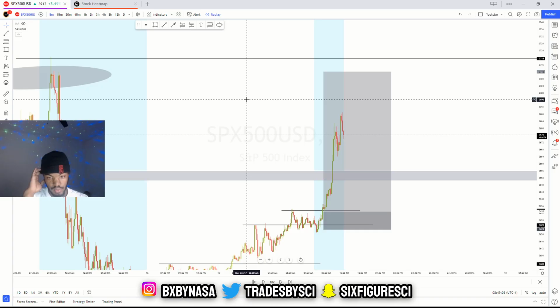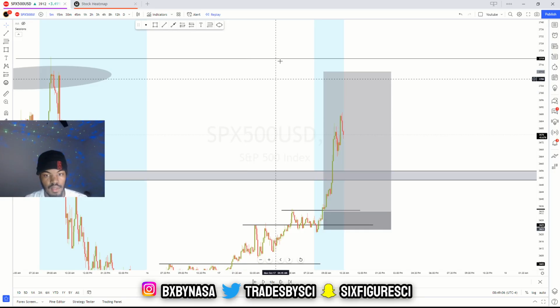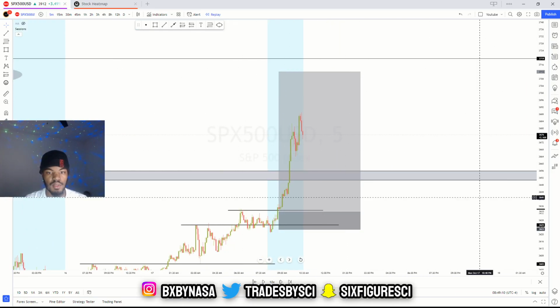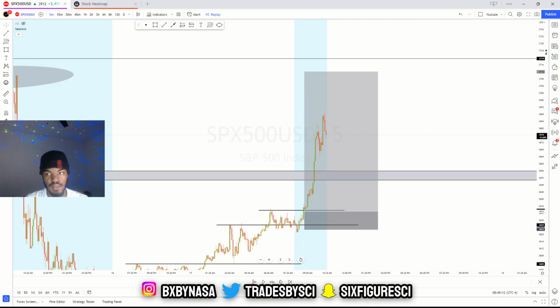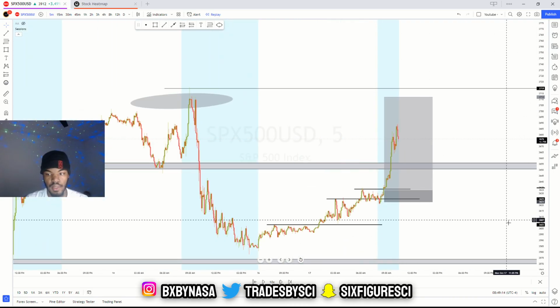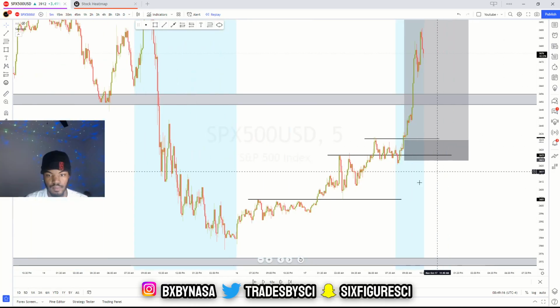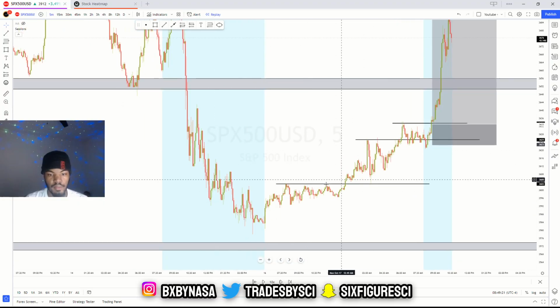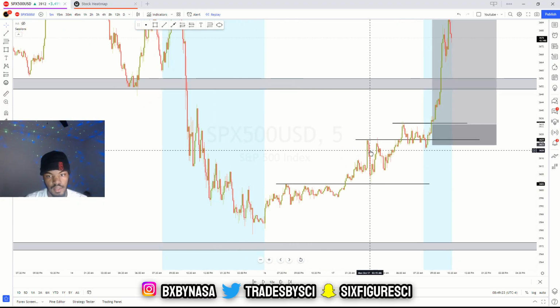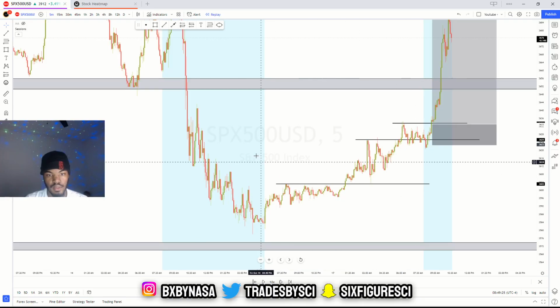Now the thing is, when it comes to setting TPs, if you are trading with the trend, you can hold your trade, because price is not showing you indications that it's selling. Right now we have one indication that price is going to continue higher.